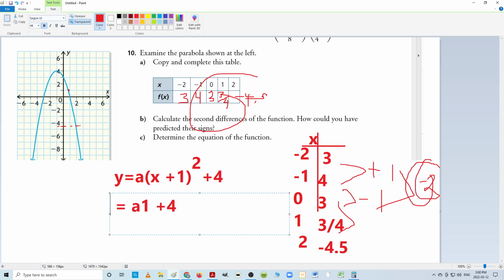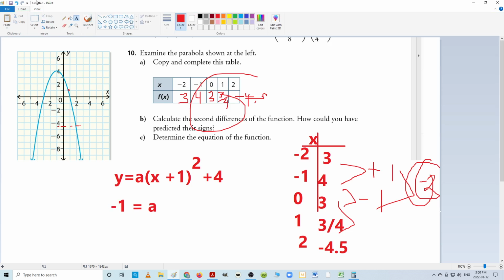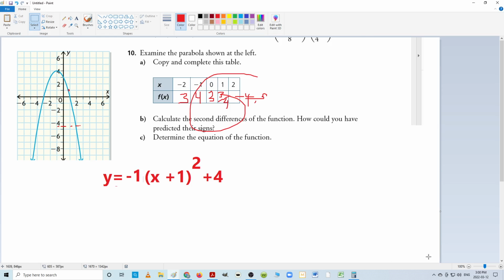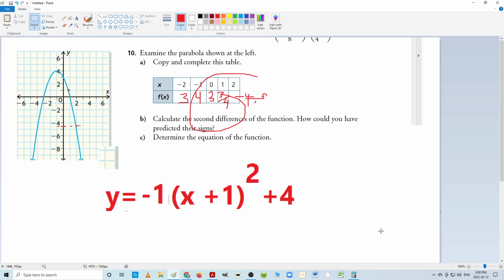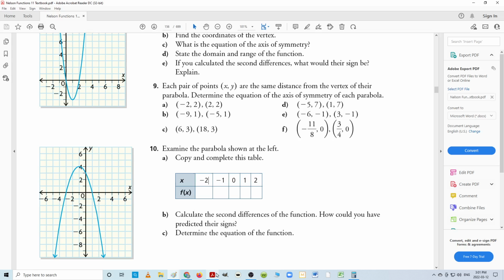Then when I subtract 3 and 4, I get a equal to minus 1, which means I can just rewrite this equation like this. And there, that's the fastest way to get the equation, because those are the purest points. You always want to use the most exact points that you can.